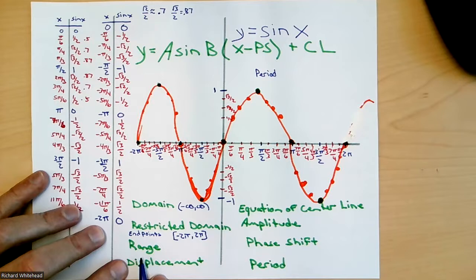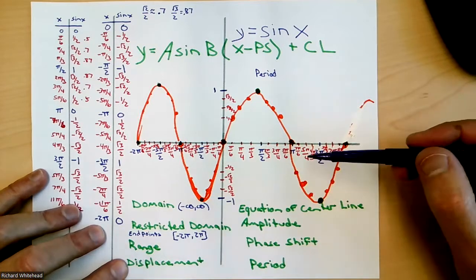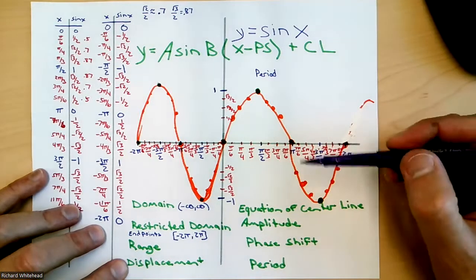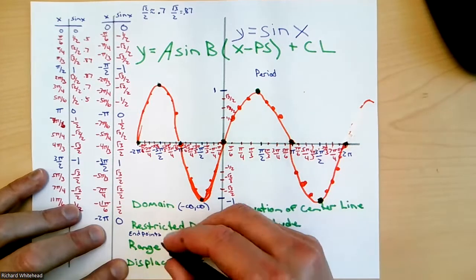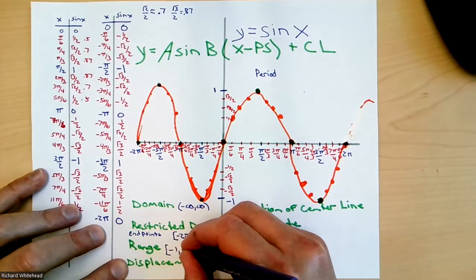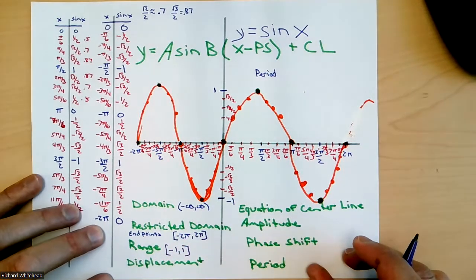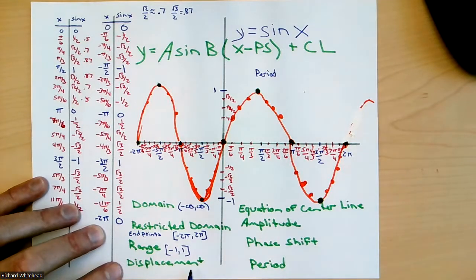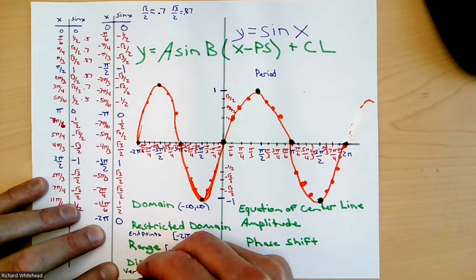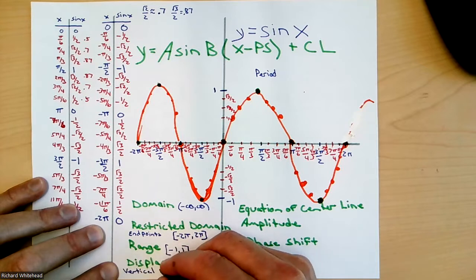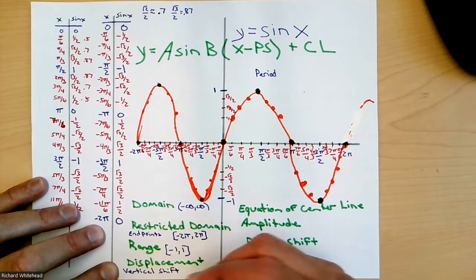The range, you've been doing that since you were little kids. The range is your y values. So your lowest y value is -1, your highest is +1. So it's going from -1 to 1. We're going to get to displacement. Displacement is your vertical transformations or vertical shift.